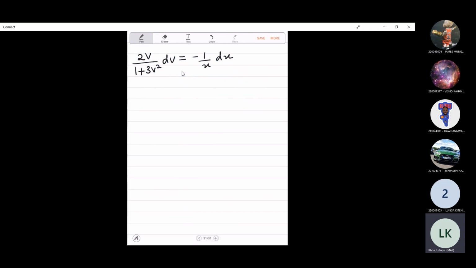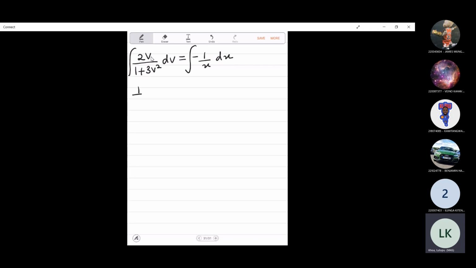Okay, so I want to integrate on both sides. I just need to make this the derivative of the denominator. The derivative of the denominator is 6v, so this is 3, so this is 2, so I need to multiply it by 3. So I need a 1 over 3 outside.